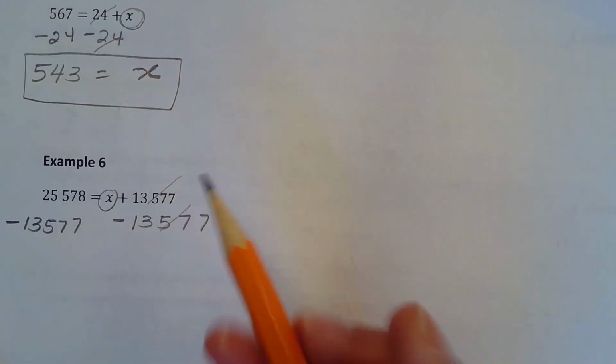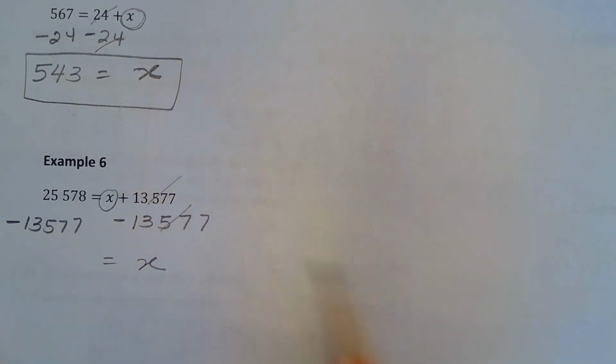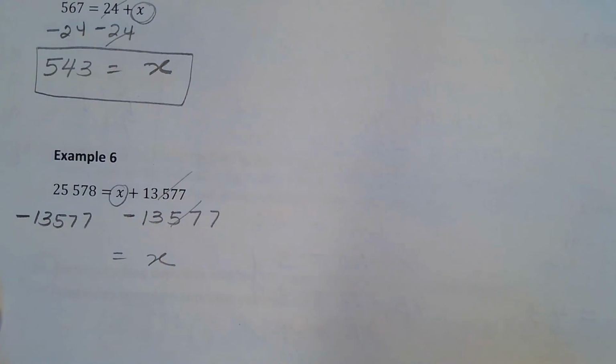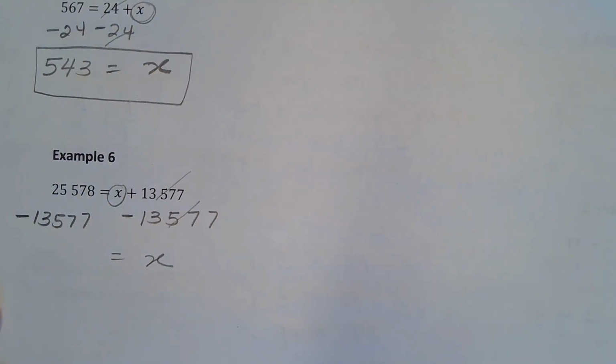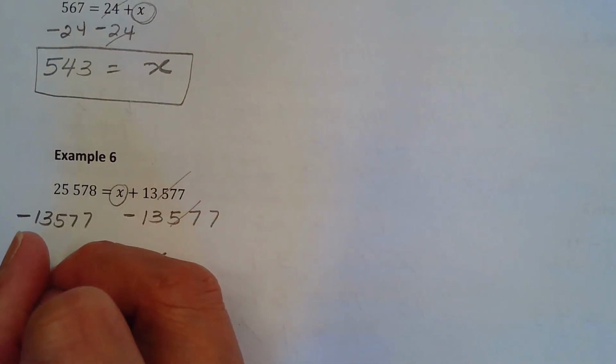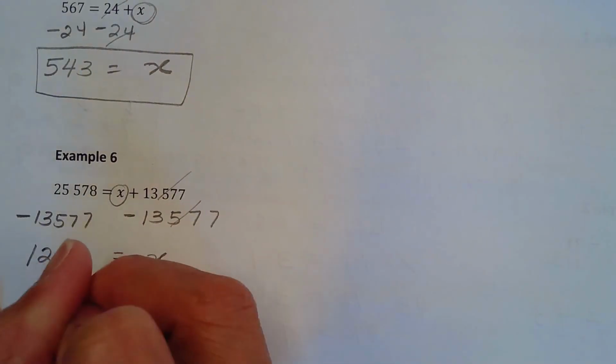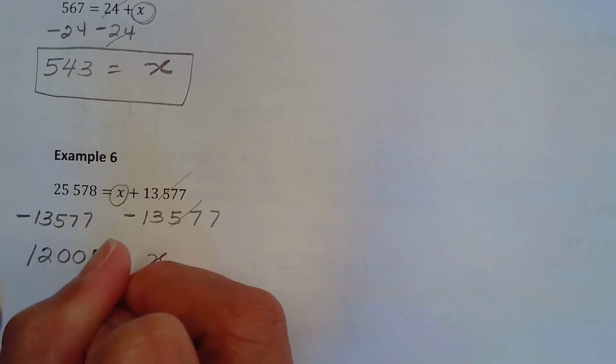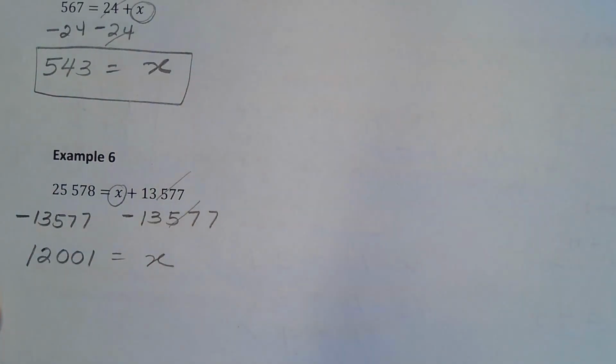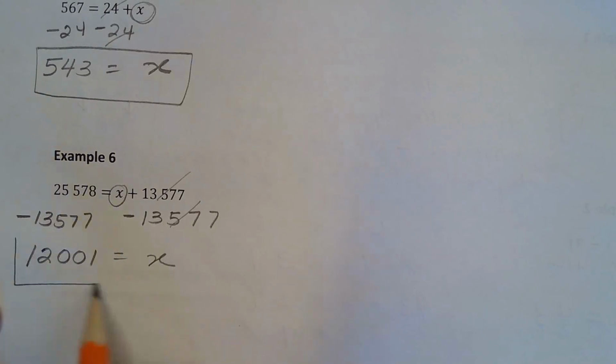This cancels. So x is equal to 12,001. Is that a positive or negative? It's positive. Yeah, positive. Good.